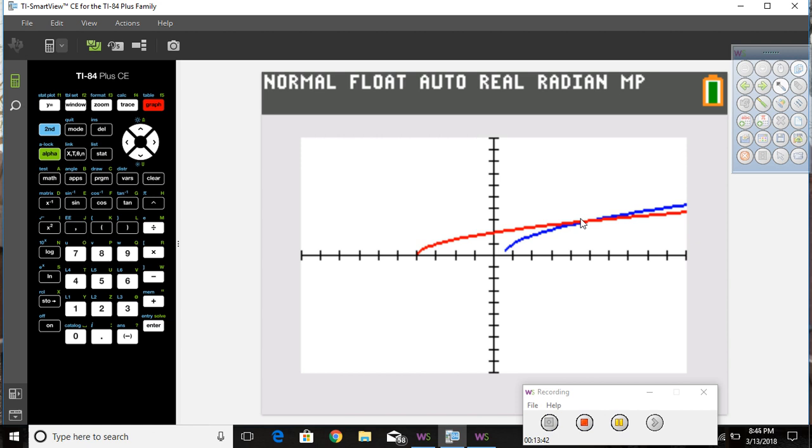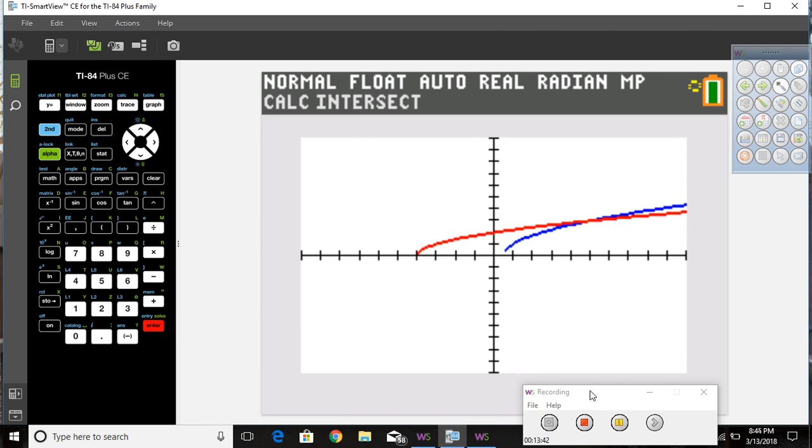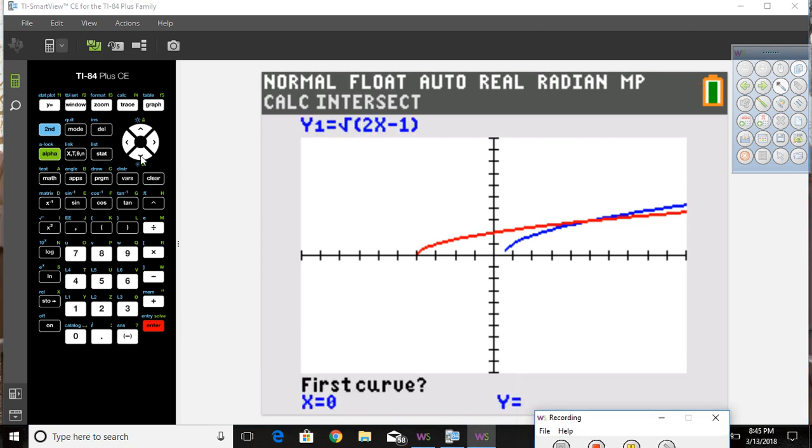So what you're going to do is you're going to press second trace and go to the calculate menu. And then right down here, option 5 is what you want. So you can either arrow down to option 5 for the intersect, or you can press 5. So choose enter. So it's going to come up here at the bottom and say first curve.